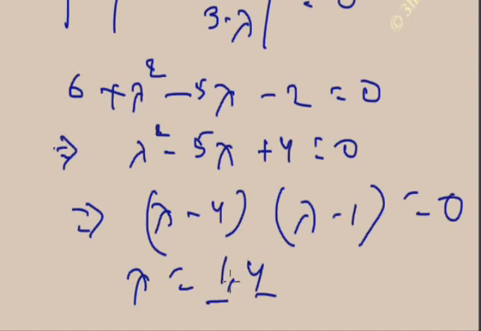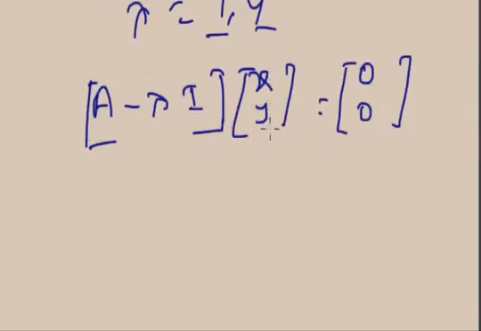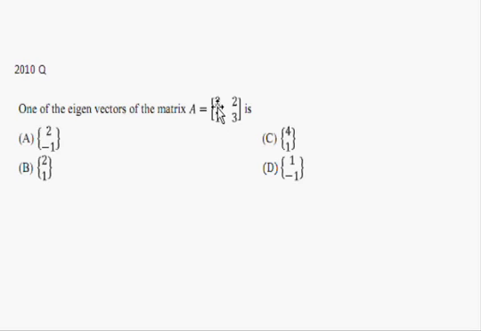The first eigenvector can be calculated by lambda equal to 1, and the second eigenvector can be calculated by putting lambda equal to 4. I am first trying to find the first eigenvector with lambda equal to 1. So A minus lambda I multiplied by x y is 0 0. When you put lambda equal to 1, 2 minus 1 is 1, 3 minus 1 is 2.